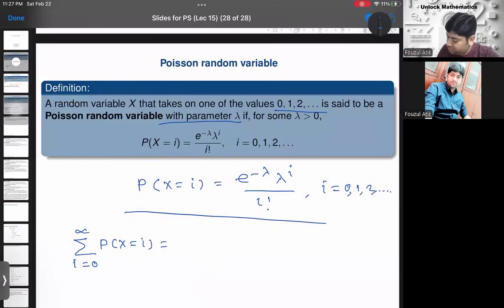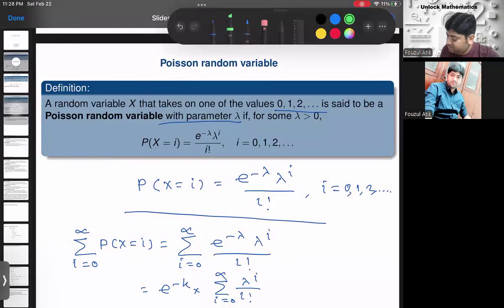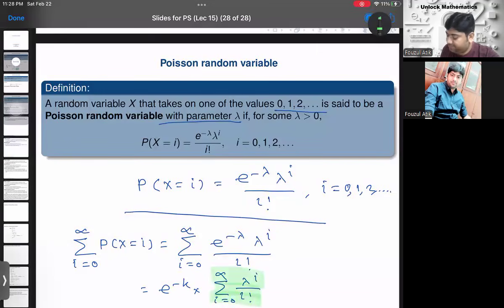This is equal to the summation of i equal to 0 to infinity of e to the power minus lambda, lambda power i divided by i factorial. So e to the power minus lambda, I can take common outside the summation of i equal to 0 to infinity, lambda power i divided by i factorial. But can you realize what this expression is?